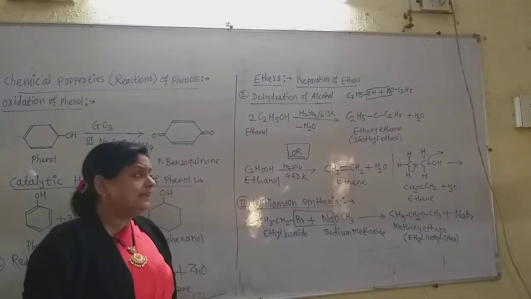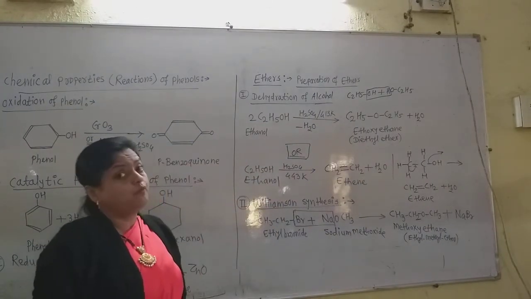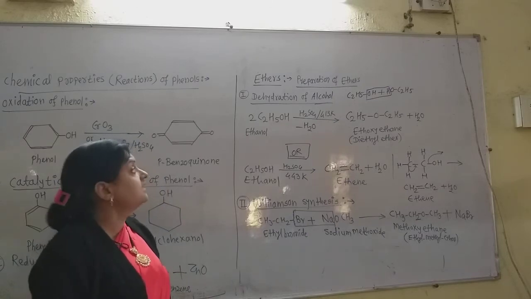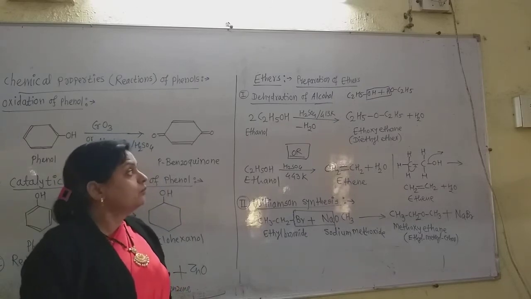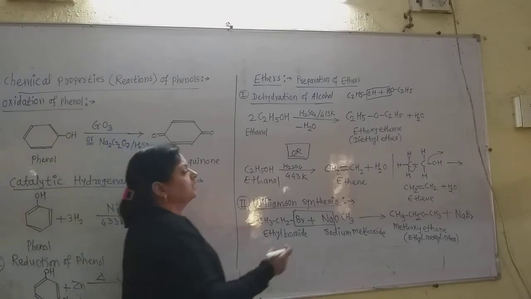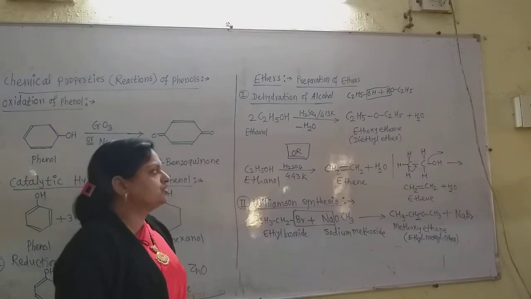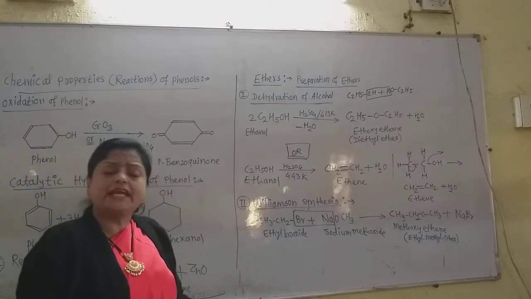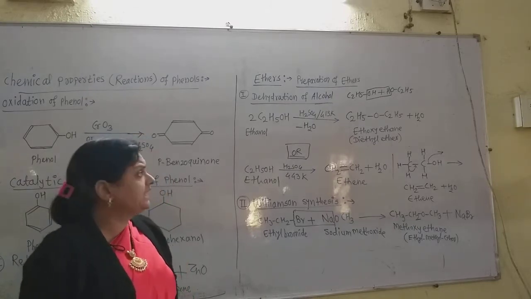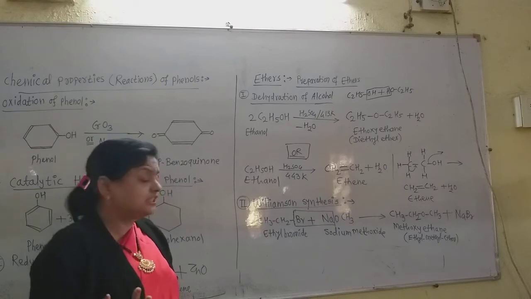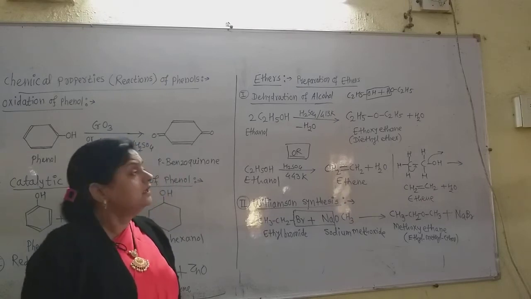So symmetrical ethers are generally formed by this reaction, that is the dehydration of alcohol. Both of the alkyl groups of the ether are similar, so this is the diethyl ether or ethoxyethane.